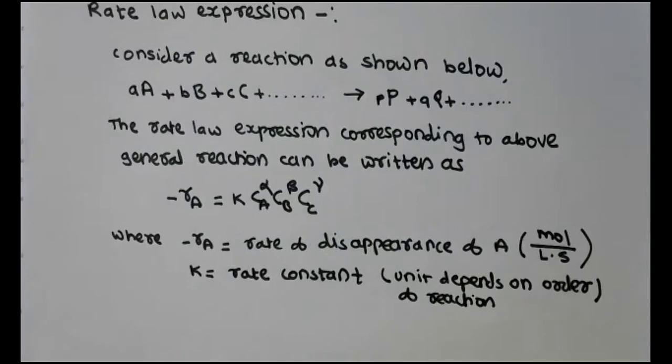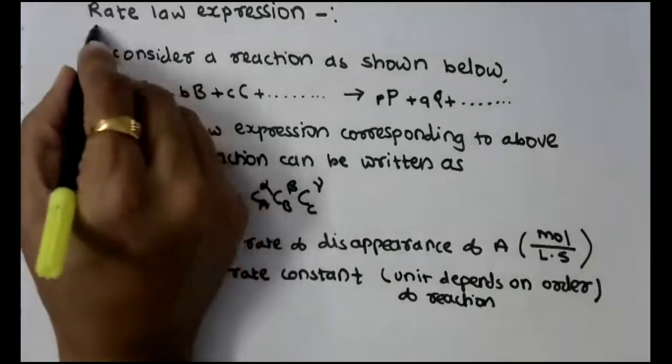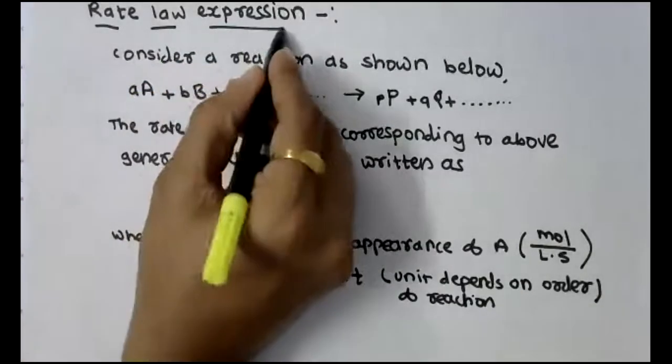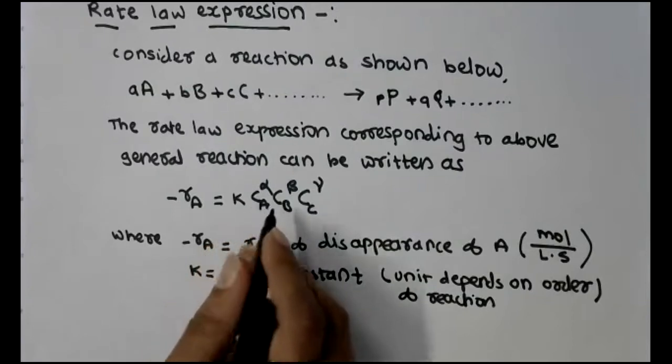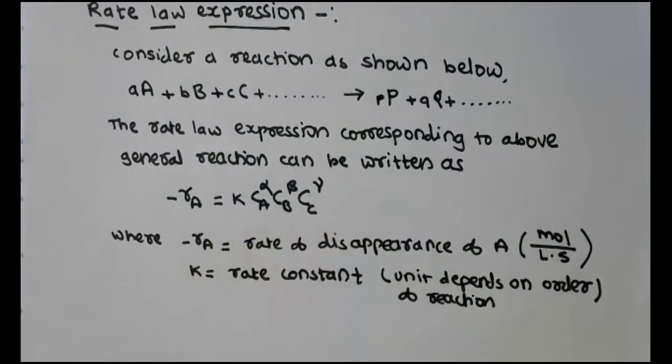But as I have started with the discussion related to rate law expression, I am just trying to define the terms which are written as a part of the rate law expression. Now, what are alpha, beta, gamma?